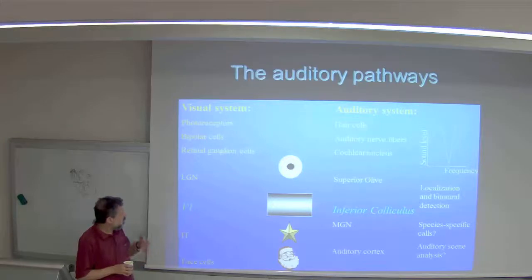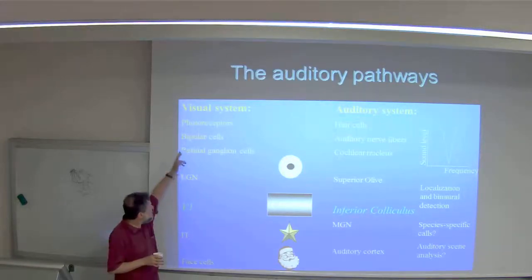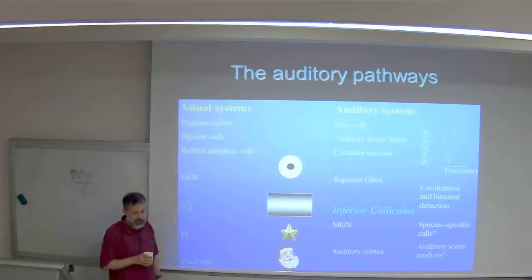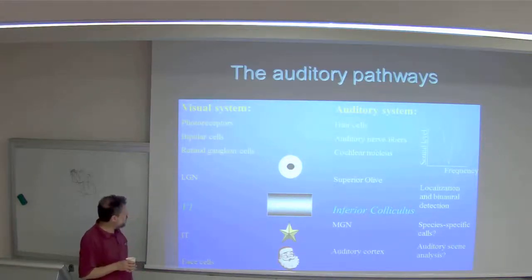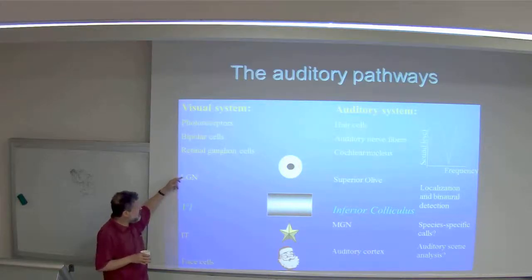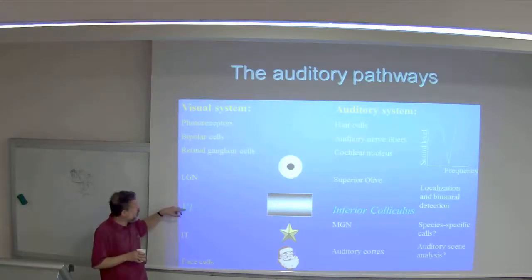Now, in the visual system, you go directly to the thalamus. LGN is the thalamic lateral geniculate nucleus, or LGB, lateral geniculate body. This is the thalamic station of the visual system, and from there to V1.